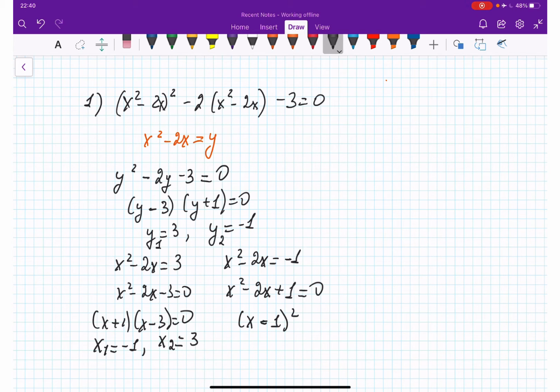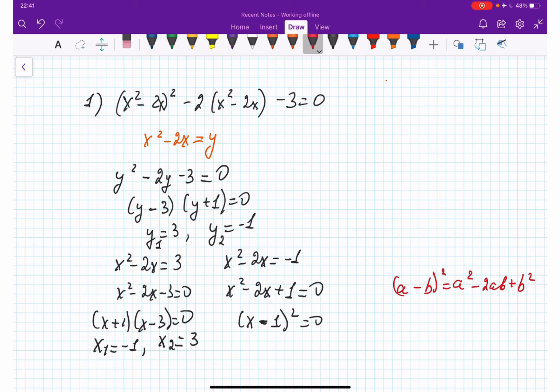We are getting here a perfect square, remember? A minus b squared equals a squared minus 2ab plus b squared. So a is x and b is negative 1. So (x minus 1) squared.